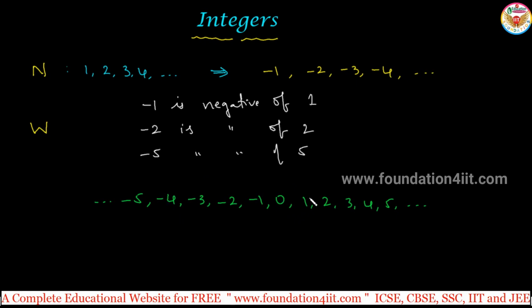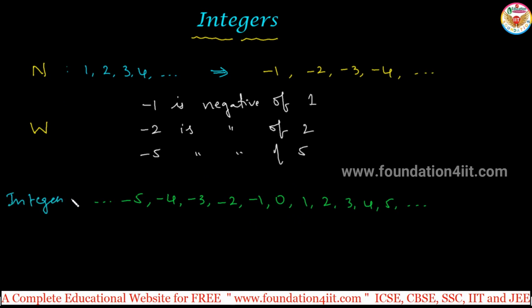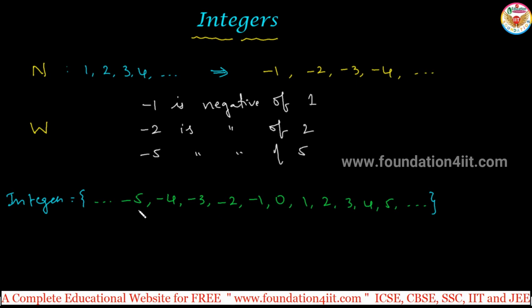These we can call integers. These are all integers. So natural numbers plus negative natural numbers including 0, that means negative natural numbers plus whole numbers, are also called integers.